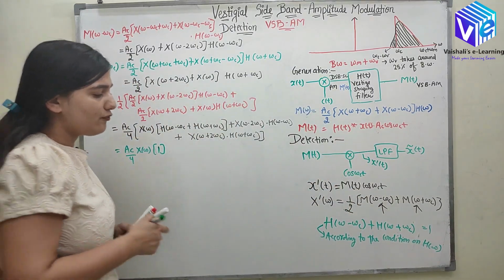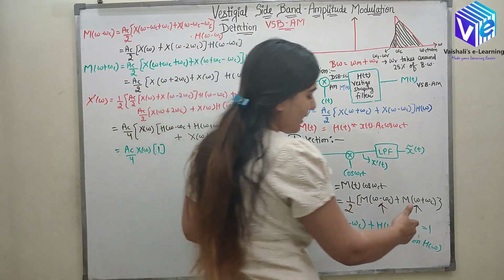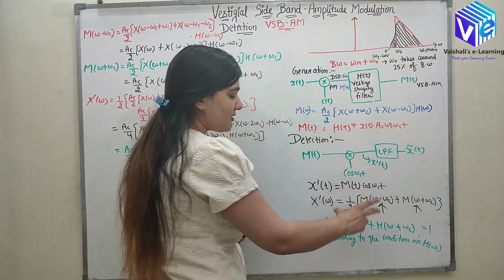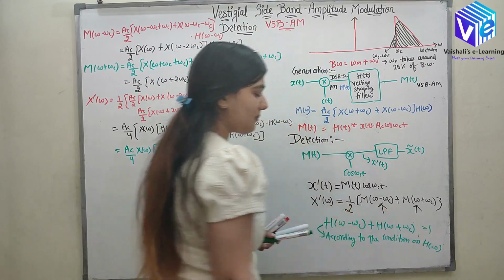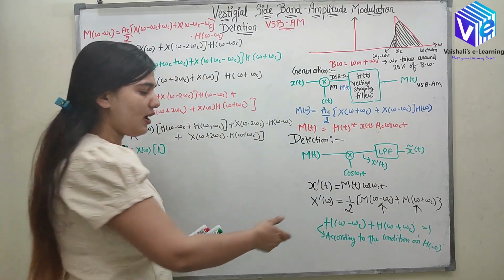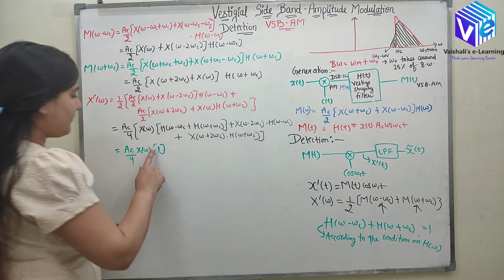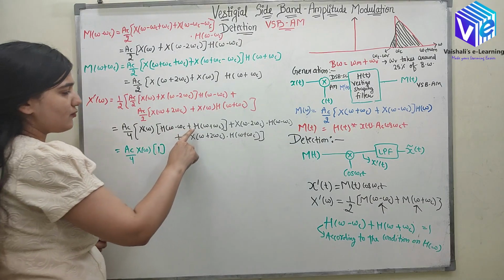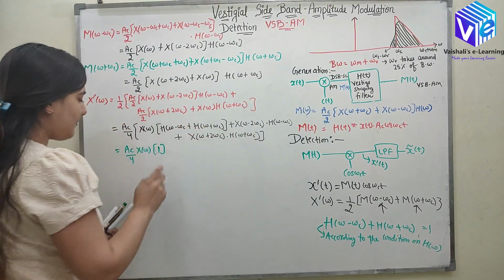So if I move upside the omega c or downside the omega c, the summation of the values would represent 1. So this was a property of my vestigial filter. So I am just replacing it by 1.